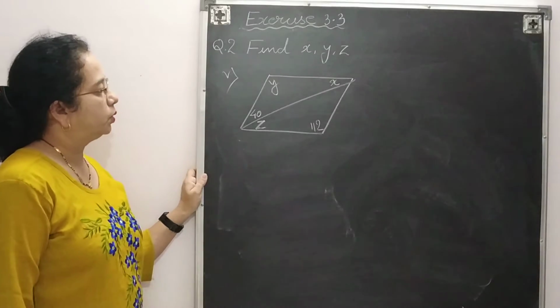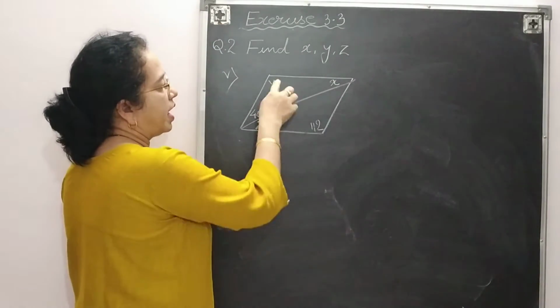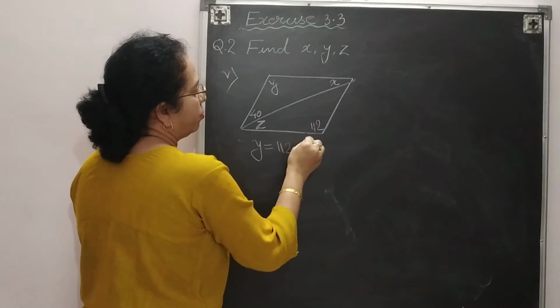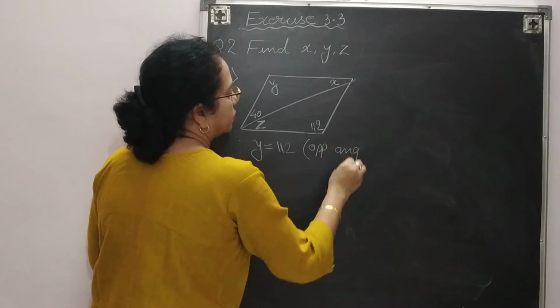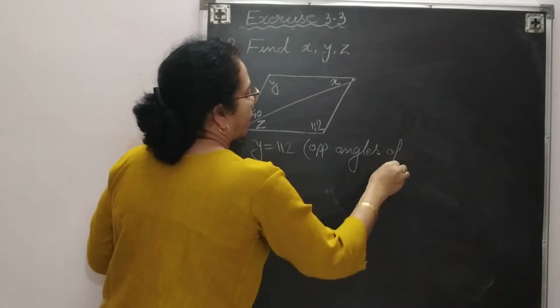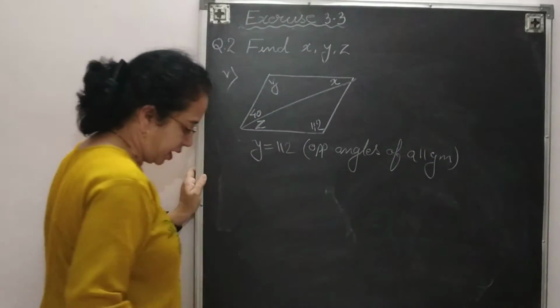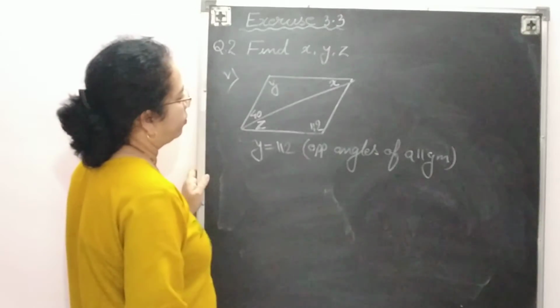Okay. So this is 112. This is y, opposite angles of a parallelogram. So y will be 112. The reason is opposite angles of a parallelogram. Since opposite angles of a parallelogram are equal, you can say that y is equal to 112.